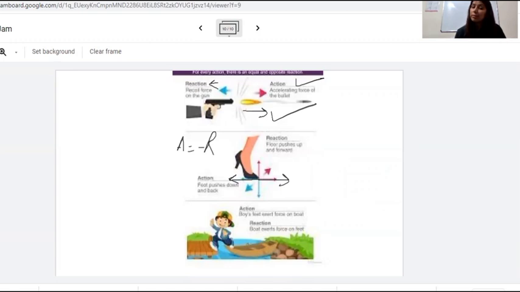Similarly, this is very common with us: a person wants to move on the edge of the seashore, and this boy wants to move on the corner of this edge.